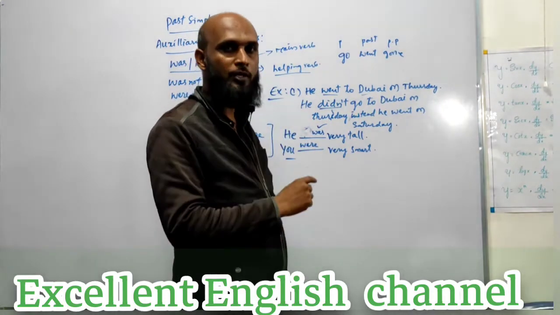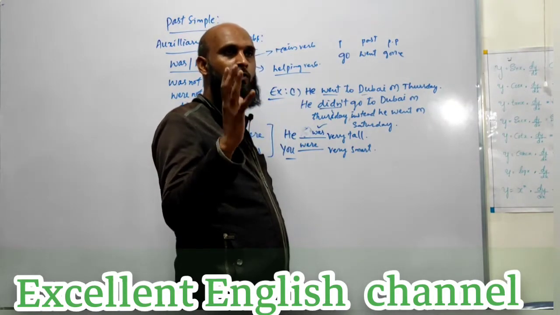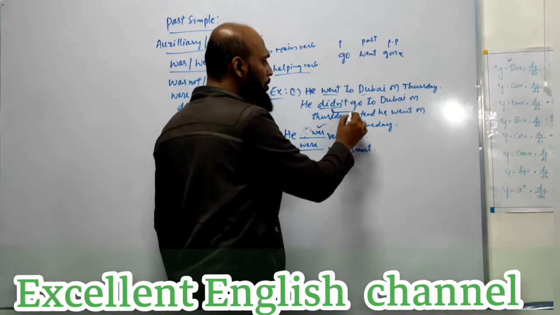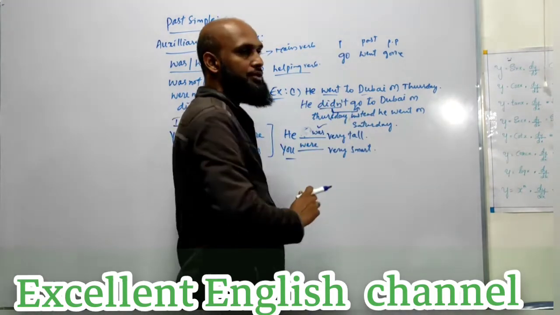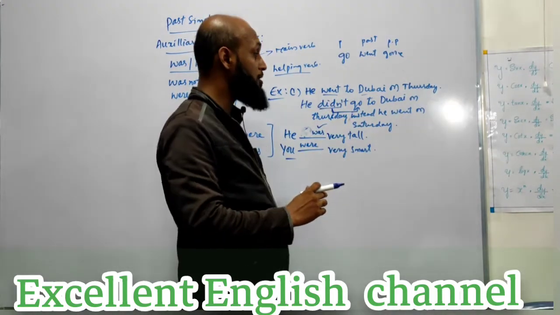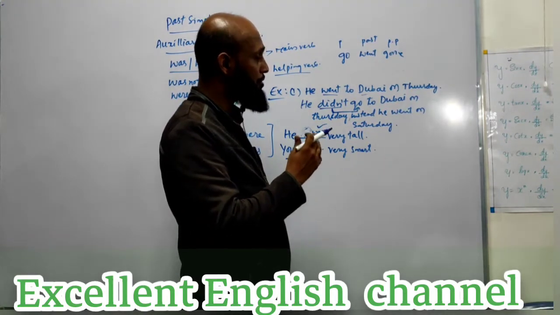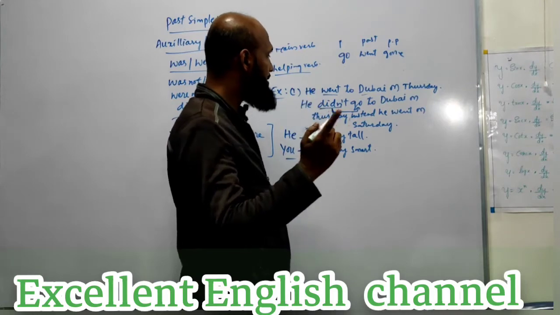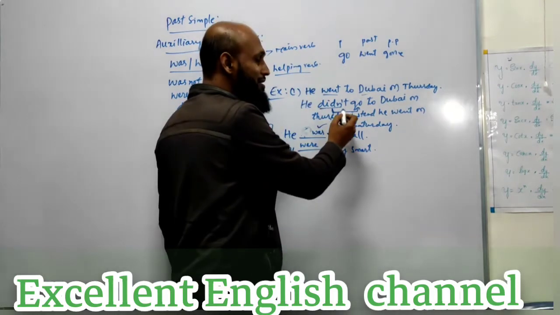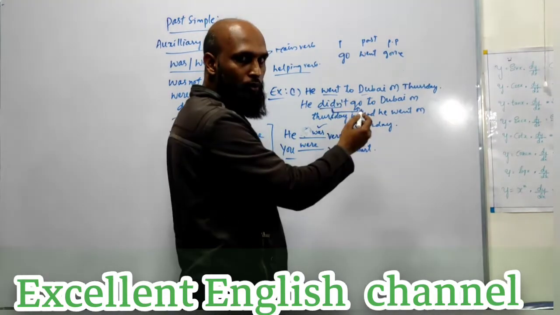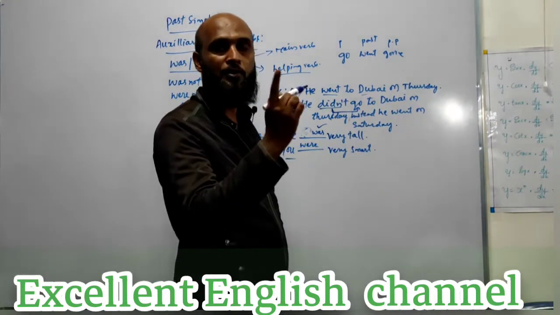And there is a very important point I want you people to focus on. That is, I've used go after didn't. You must be wondering as to why this guy has used go there. Because when you use did as a helping verb, immediately the verb that follows did should be in the present form.